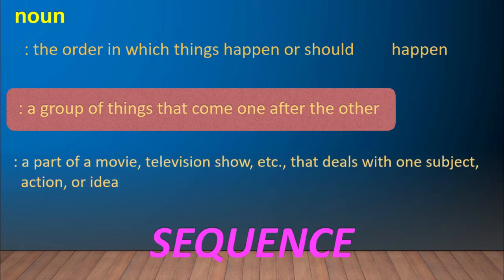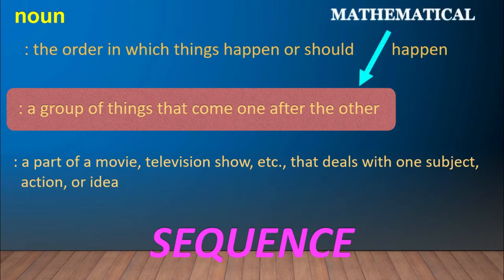Another definition states it's a part of a movie, television show, etc. that deals with one subject, action, or idea. Now, obviously, among these definitions, the second one relates well with our topic. So this one shows a mathematical definition of a sequence.